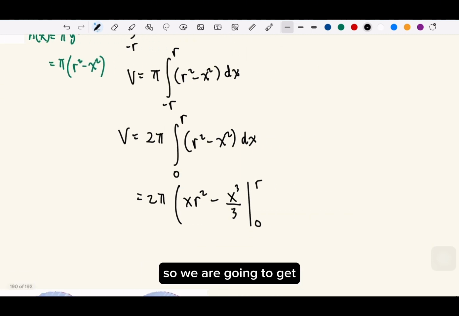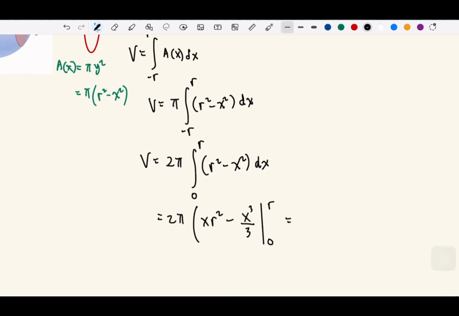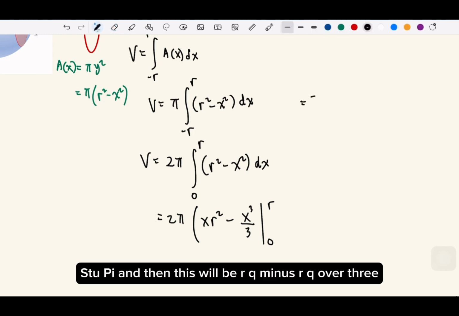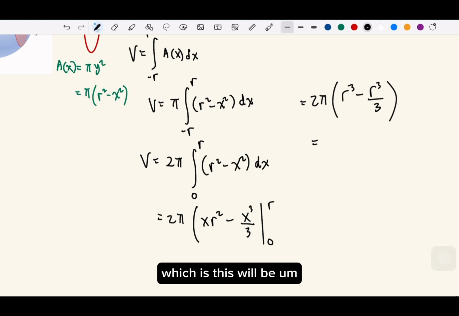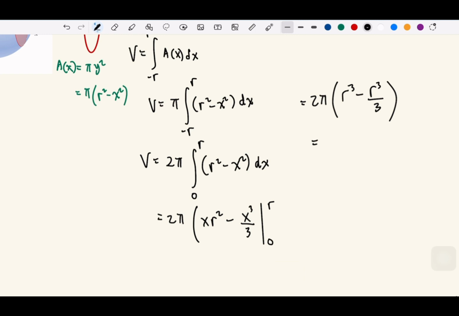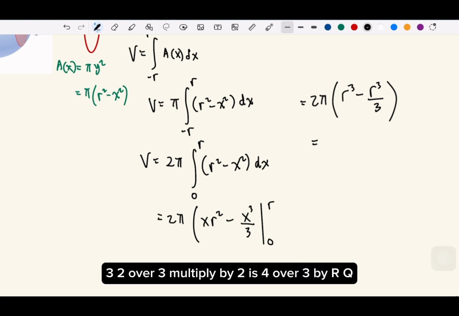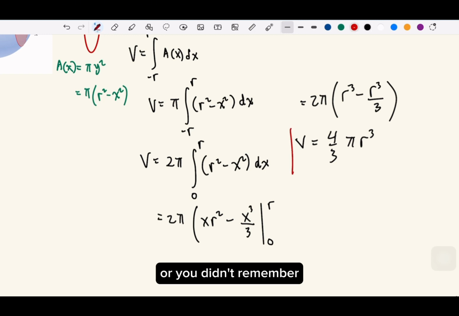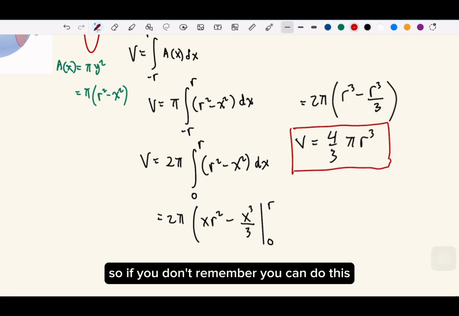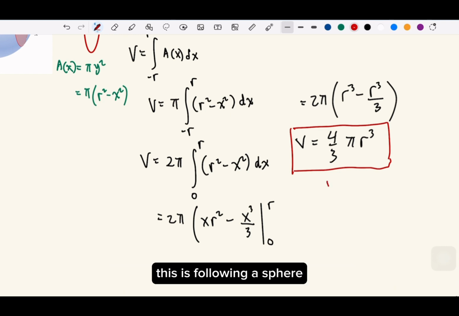So we get 2 pi times r cubed minus r cubed over 3, which is 2 over 3 multiplied by 2, giving 4 over 3 pi r cubed, which is the volume of the sphere, right? If you don't remember, you can do this whole integration. This is the volume of a sphere.